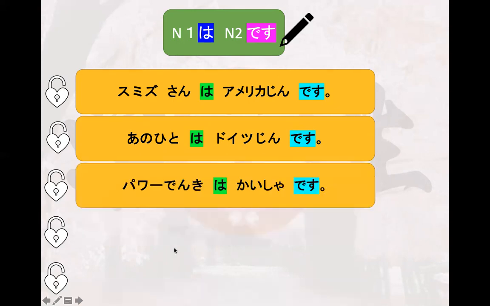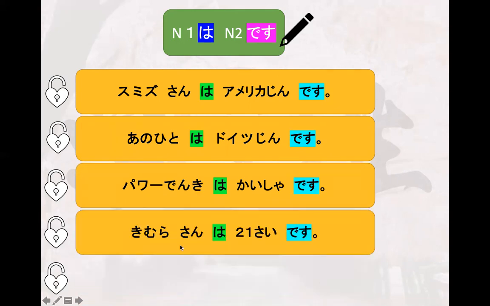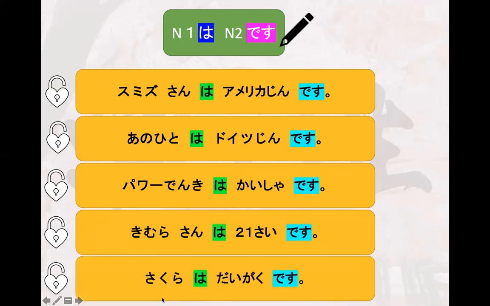Third example, Pawadenki wa kaisha desu. Pawadenki is a company. Next one, Kimura-san wa 21歳 desu. Miss Kimura is 21 years old. And then finally, Sakura wa daigaku desu. Sakura is a university.